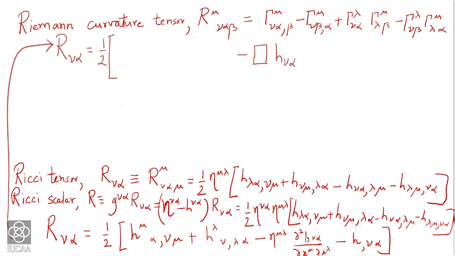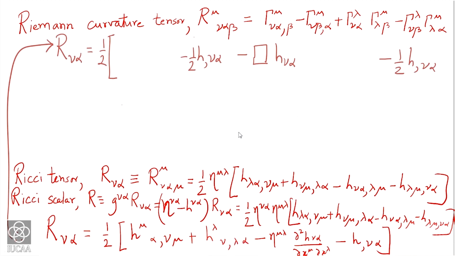Now, I will split this minus h comma nu alpha into two halves. You will see why I am doing it. So, first I will have a minus half h comma nu alpha, and here similarly again minus half h comma nu alpha. These two minuses add up to become minus h nu alpha, and then I will put this object here and the other object there and see what happens. So, let me do that.